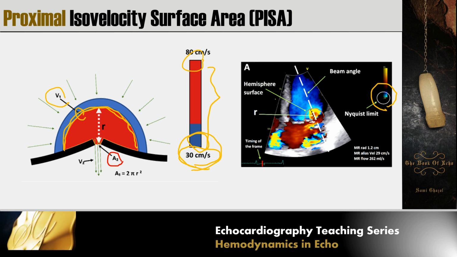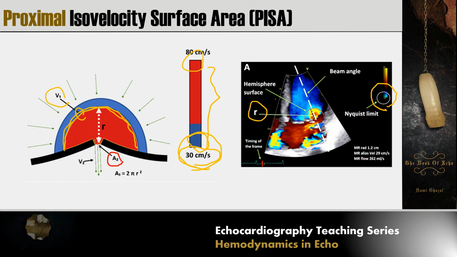The area of the hemisphere, we simply measure this radius. And if you remember, the area of a circle, which is the most important equation, is pi times r squared. We just multiply it by 2. When we multiply it by 2, we get the area of a hemisphere. So the area of a hemisphere is 2 pi r squared.